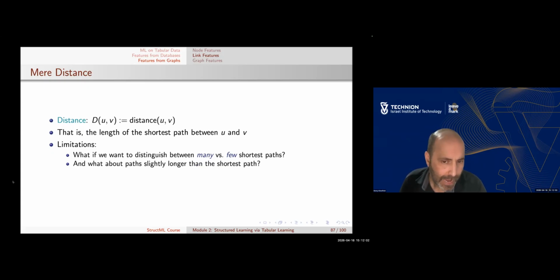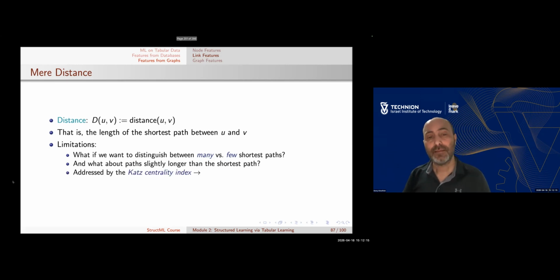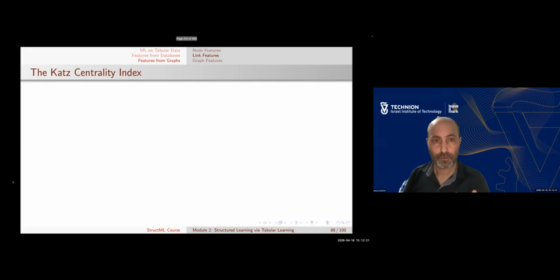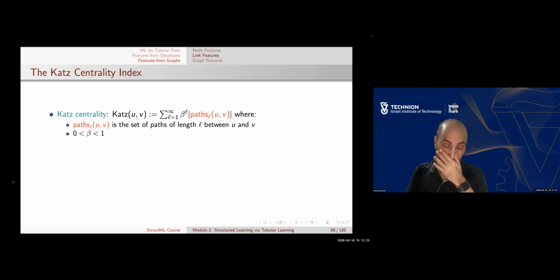And if we're looking at multiple shortest paths, what about paths that are slightly longer than the shortest path? That's also possible. This leads to the Katz centrality index, which is defined as follows.